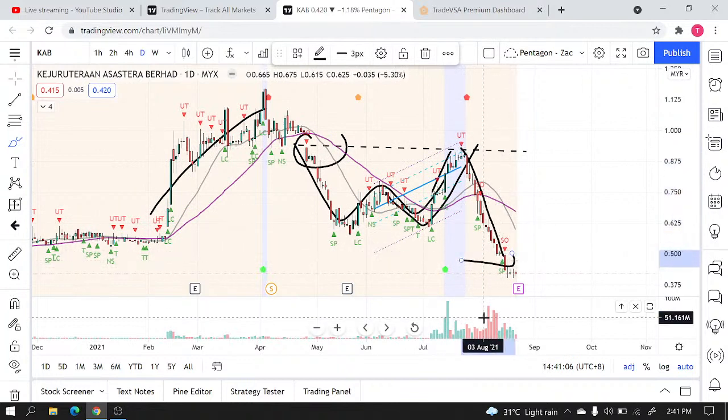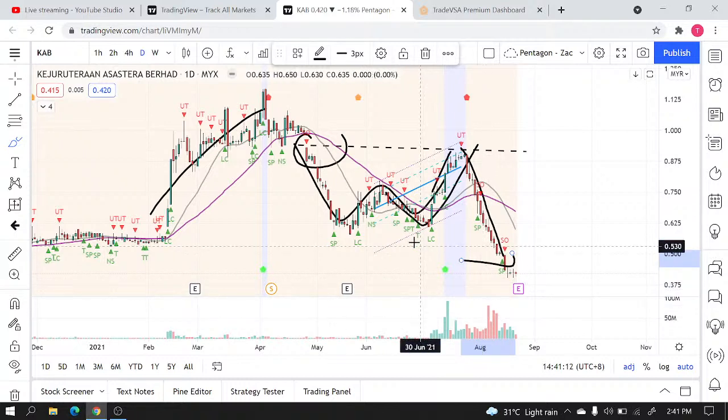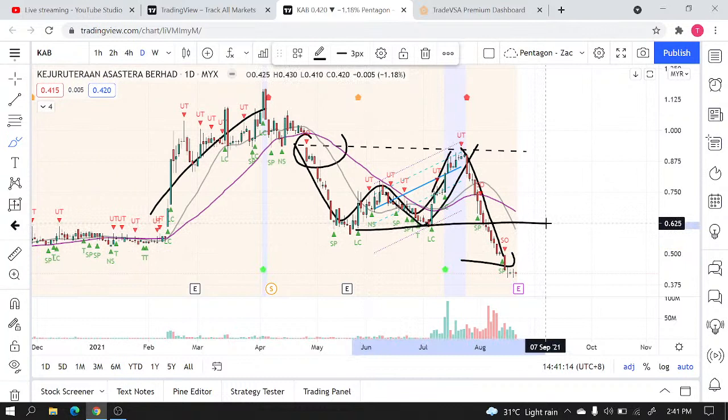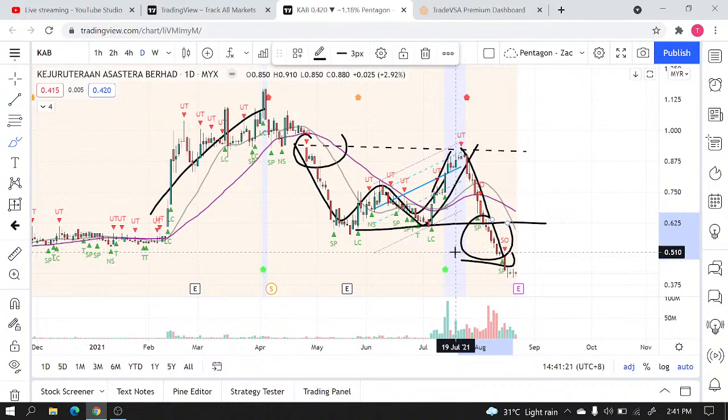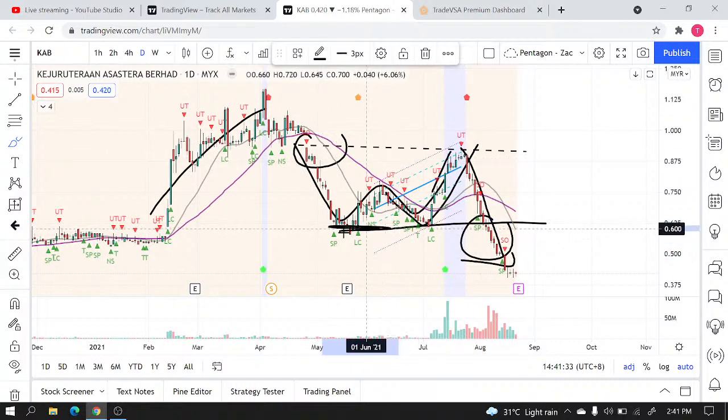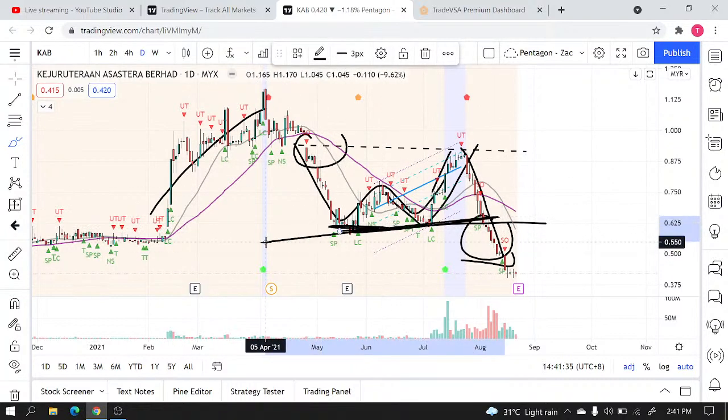Maybe an inverse pullback will happen, but so far I don't see sound strength here yet. Here is high volume, but this high volume is not sound strength because this is the beginning of a downtrend for me. Unlike PDZ, which is already in downtrend for a certain period, so the high volume is good. But this high volume is like the beginning of breaking this support, so it's not considered sound strength.